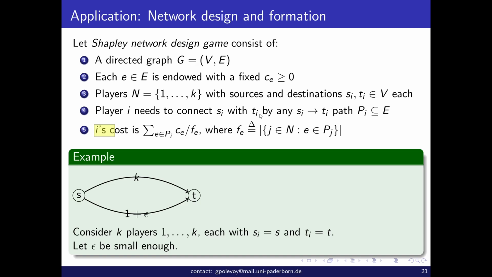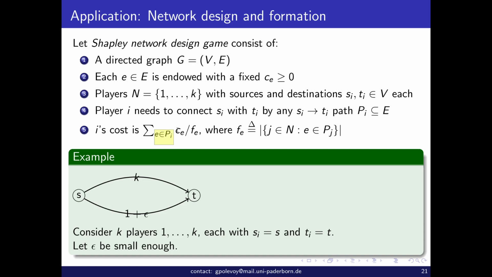And then the cost, it's a cost minimization game, the cost of player i is her fair share of the total cost. Formally, the cost of player i is the sum of the costs of her shares for each of the edges in the path she uses, when we look at the path as a set of edges.